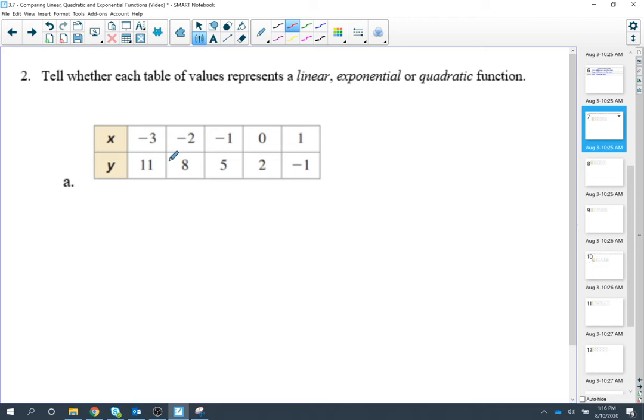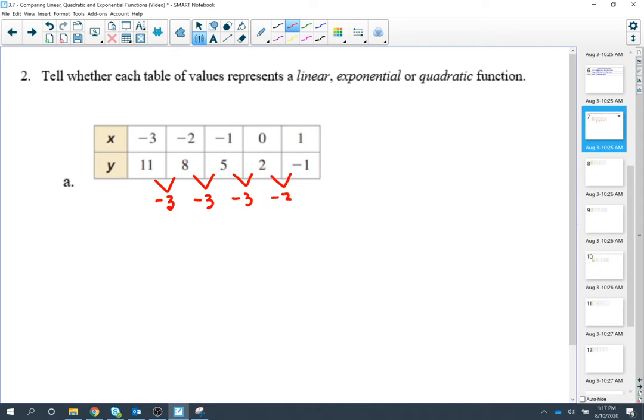Then we're going to look at our y values and figure out what's going on here. I usually ask it this way: how do you get from 11 down to 8? You would subtract 3. How do you get from 8 to 5? You subtract 3. From 5 to 2? Subtract 3. From 2 to -1?